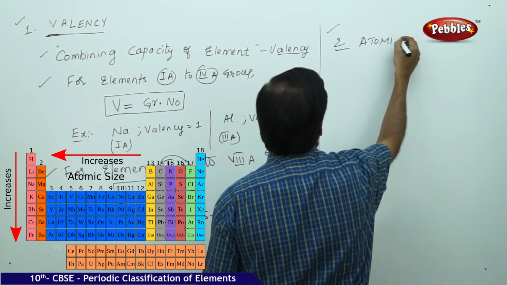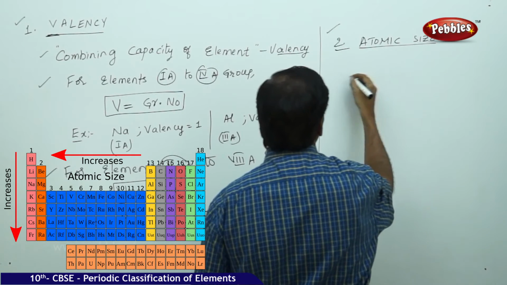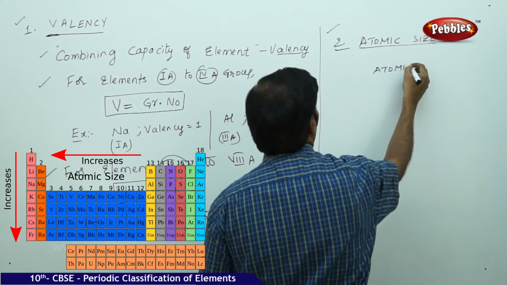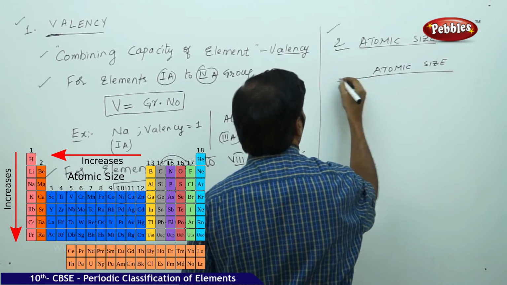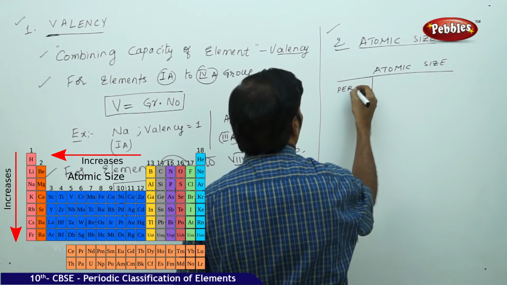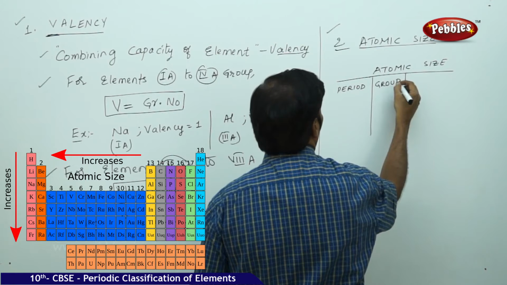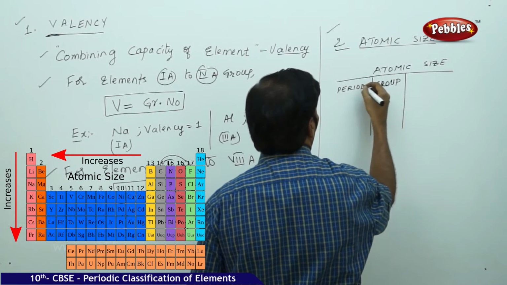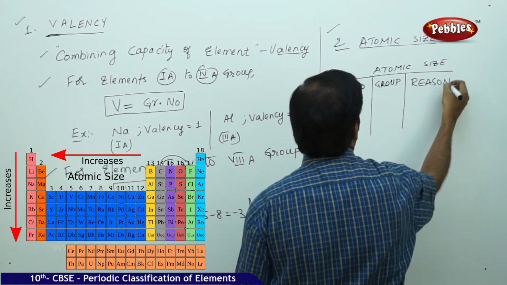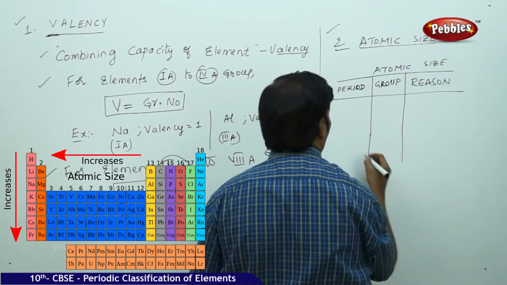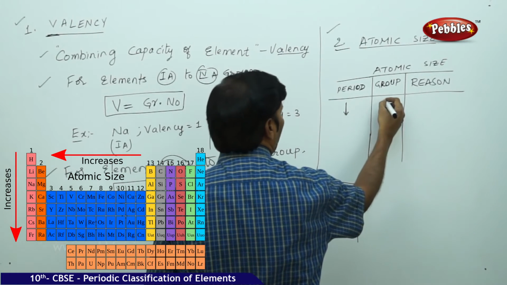atomic size. So if you go for atomic size, if you take period and group, the reason: atomic size in a period decreases and in a group it increases.